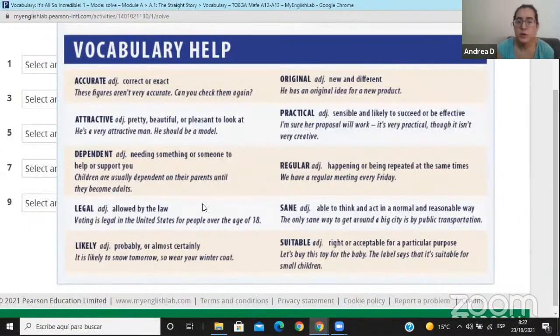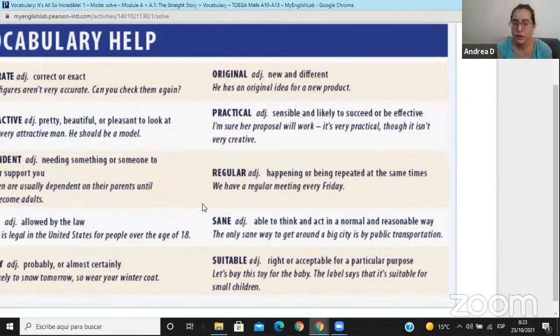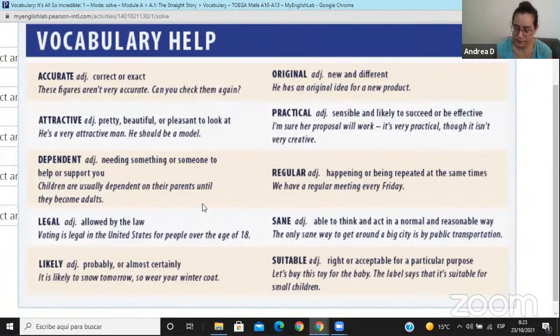So the first one is accurate. Do you know that word? It's an adjective. No, I mean, I hear it, but I don't know the meaning. Accurate. It means precise, like preciso, very accurate, right on point, super exact.